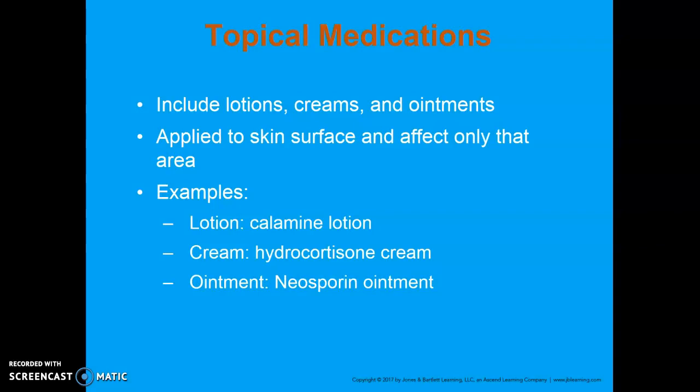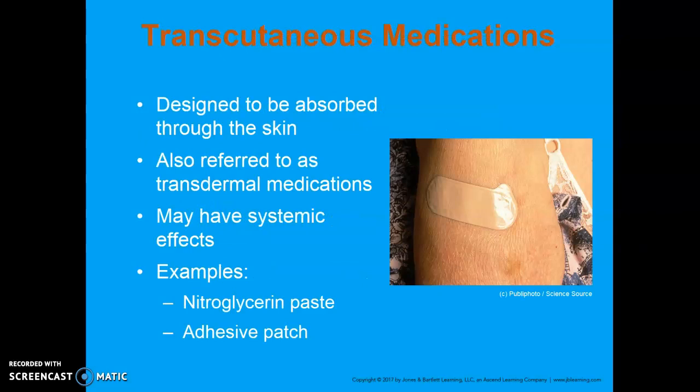So some examples: calamine lotion for poison ivy, a cream, it's kind of in between a lotion and an ointment, hydrocortisone cream for itching, and then an ointment, pretty darn thick. It doesn't absorb really easily, so Neosporin would be an example of an ointment.